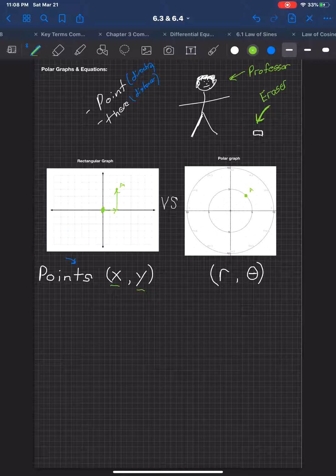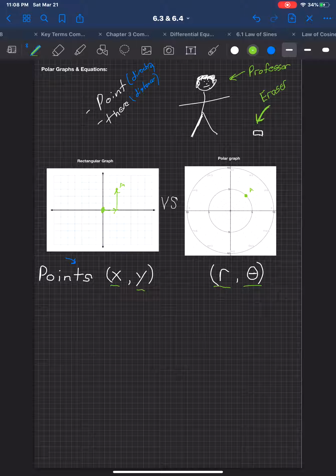You could tell me over x distance, then up y distance. But you could also talk to me about a direction and a distance. So notice that points in rectangular coordinate systems are x, y points, whereas points in polar coordinates consist of r, theta. So when you graph, you're graphing r's and thetas.